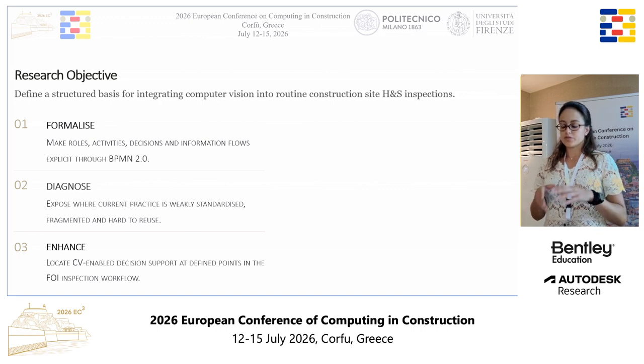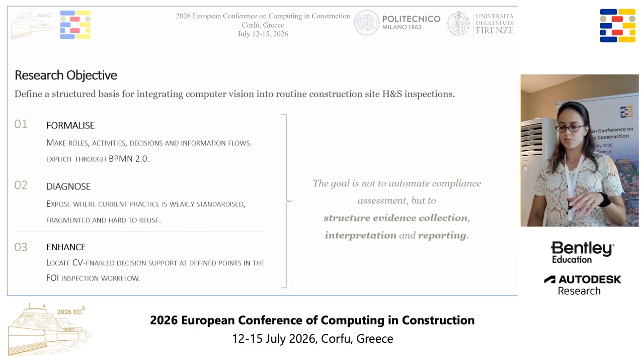This allows us to identify the activities, the actors involved, the information exchanges and the decision points. Once the current process is clearly represented, we can identify where computer vision can support the inspection without changing the responsibility of the health and safety manager.